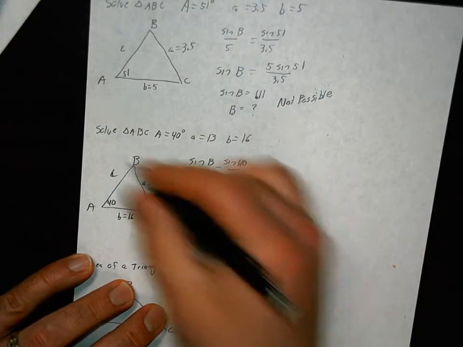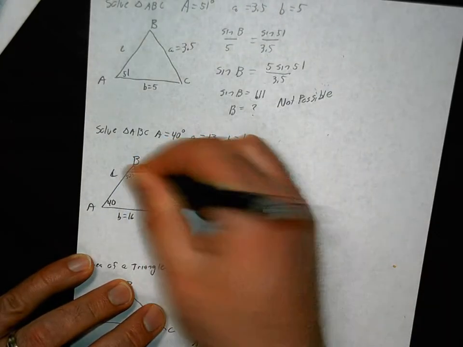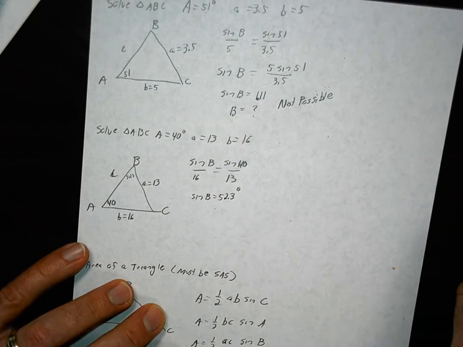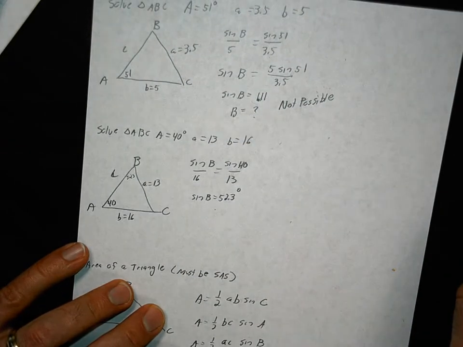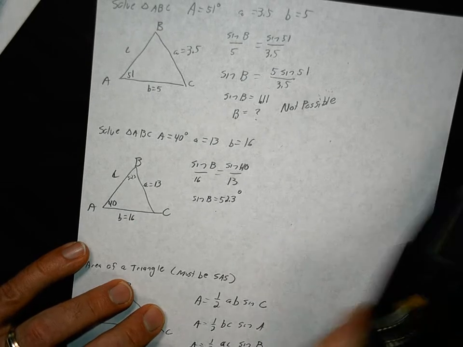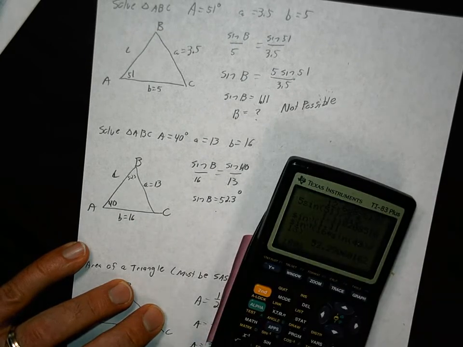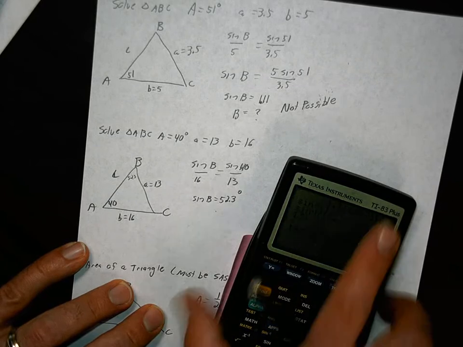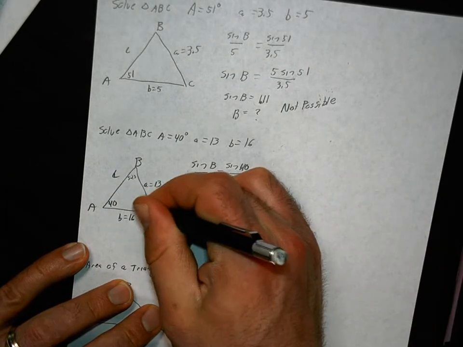Okay, so that's angle B. Okay, angle C is going to then be 180 minus those. So it's going to be 87.7 degrees.